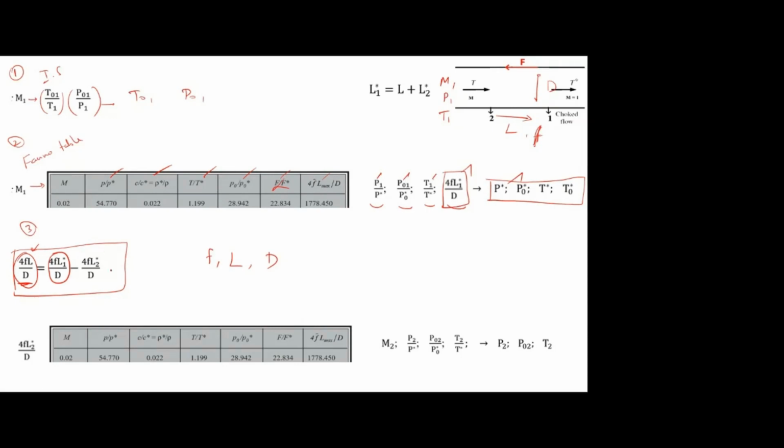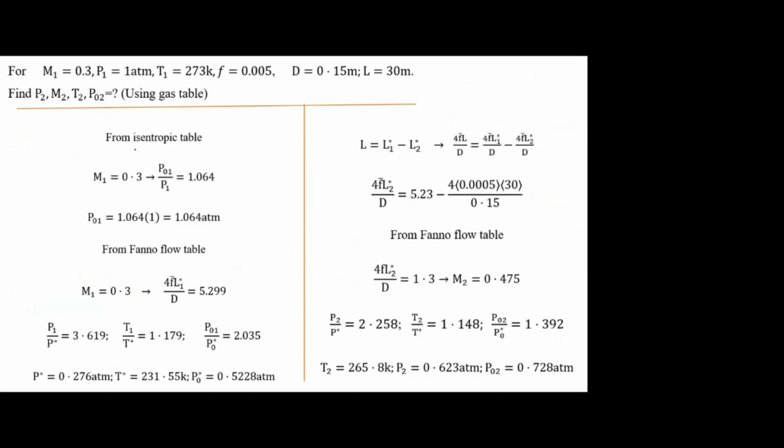Then from this equation I can find 4fL2 star by D. Yes, sir. Once you know this 4fL2 star by D, again you can go to the Fanno table. From this value you can find the remaining Mach number, pressure, temperature, and P0 ratios. We know all the sonic properties, so substitute and you will get both static and stagnation. So this is the first problem.